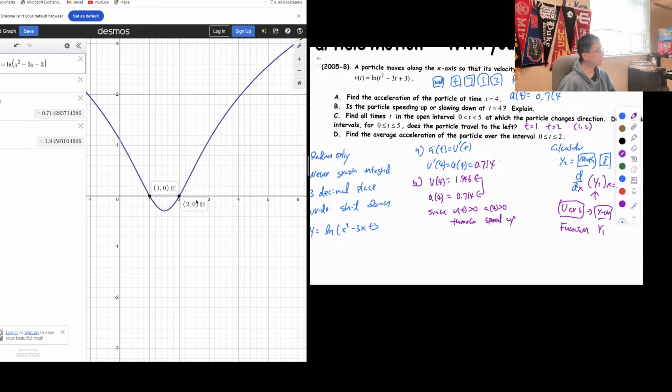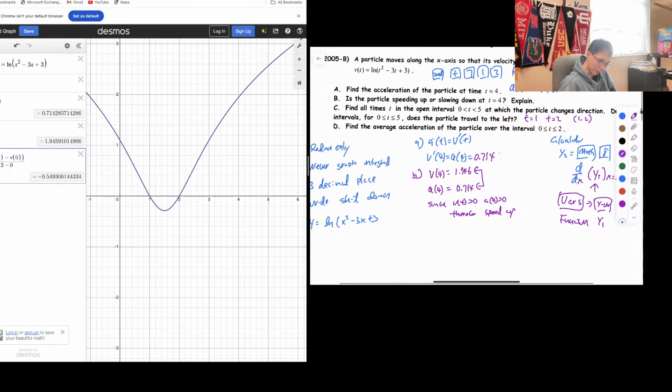How do you find the average acceleration of the particle? Well, now you know how to do it here. We know it's v of 2 minus v of 0, divided by 2 minus 0, right? And that's 0.549.